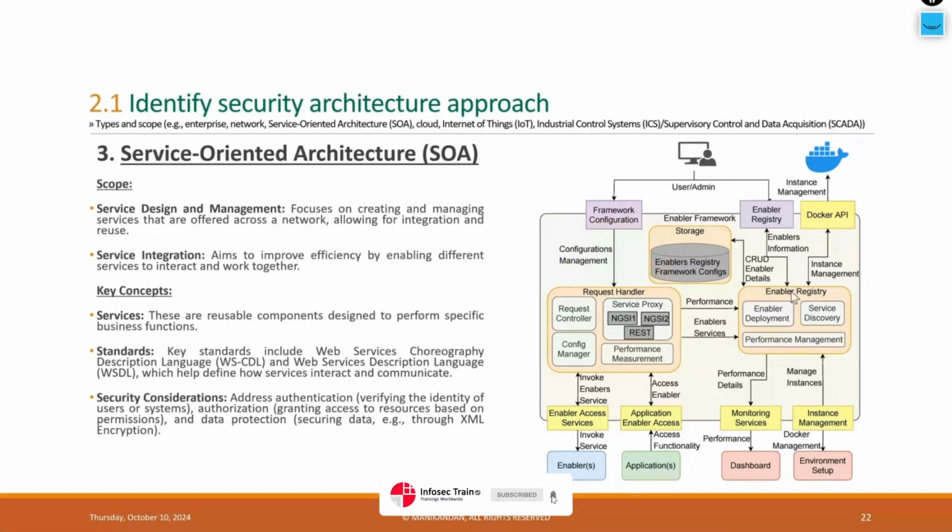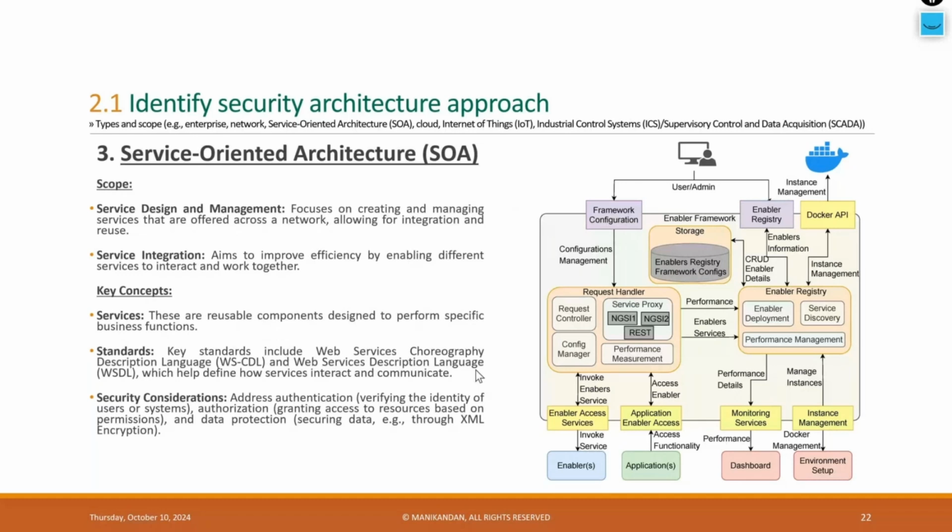We are doing performance management, monitoring the services, reporting into a dashboard, and implementing environment setup using instance management. So basically you can say your cloud is a perfect example of service oriented architecture.